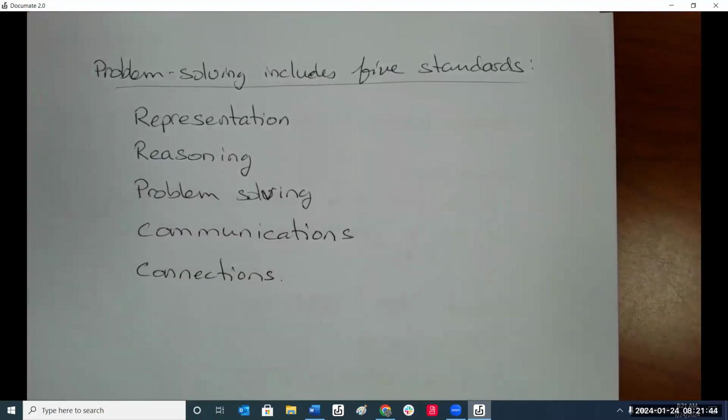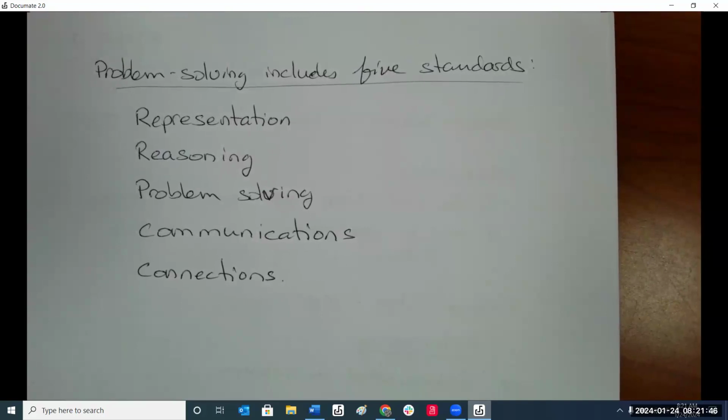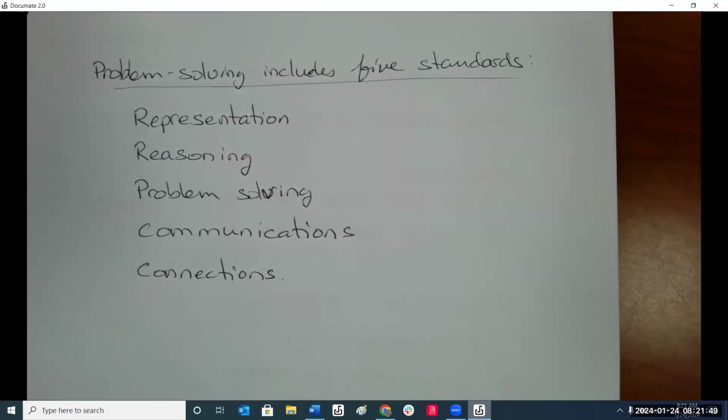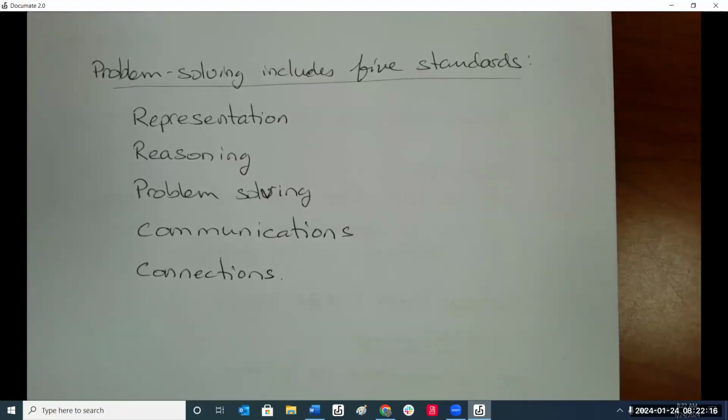Reasoning. This is a big one. What does reasoning mean? Reasoning is using common sense and logic to attain a solution to your problem.